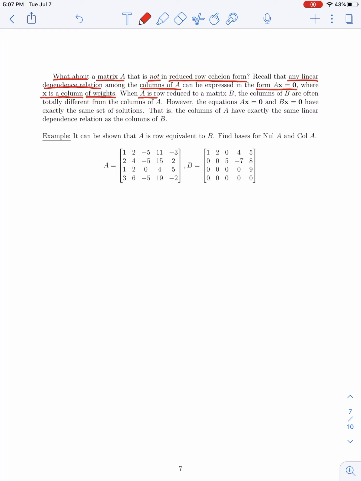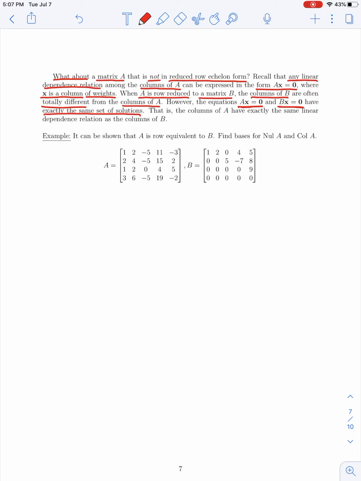If we take a matrix A and row reduce it to a matrix B, then the columns of B may be different from the columns of A. However, the equations AX equals 0 and BX equals 0 have the same solution set.